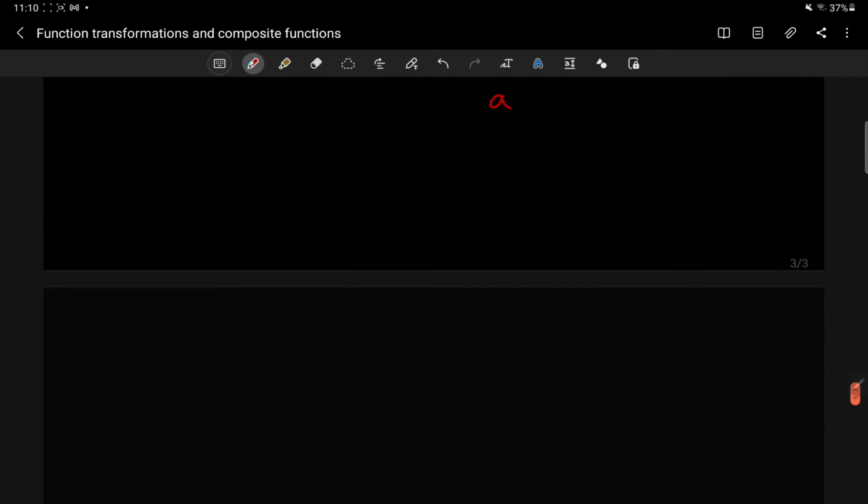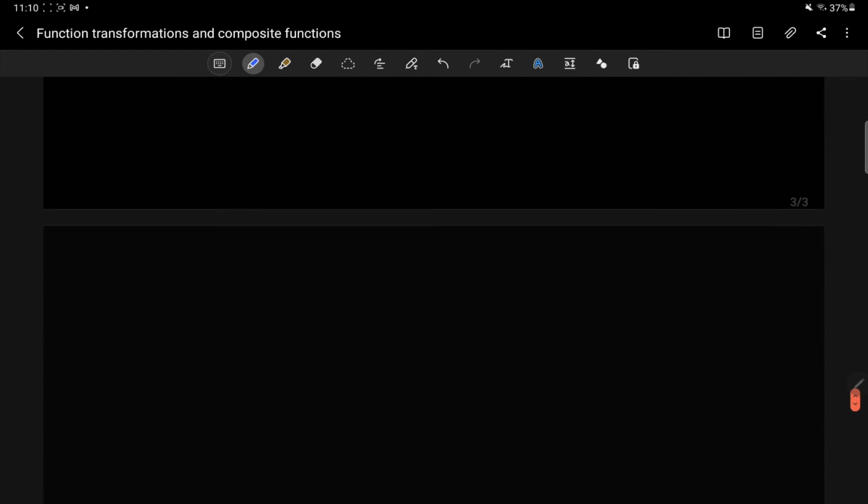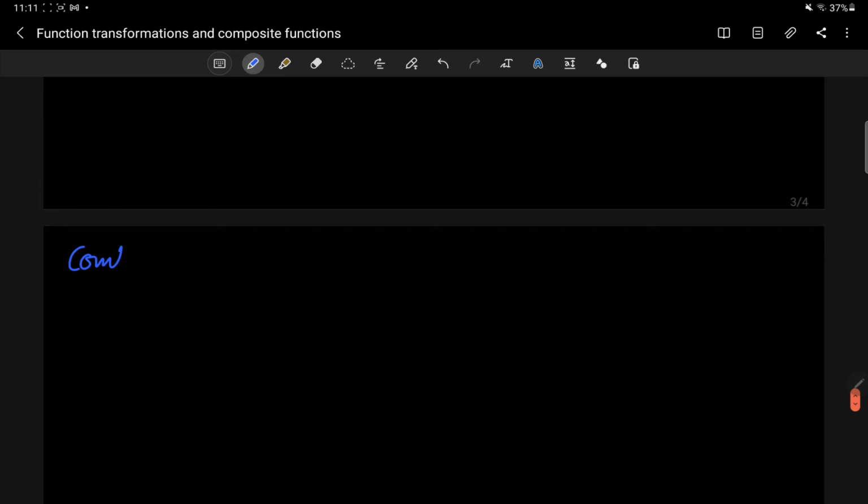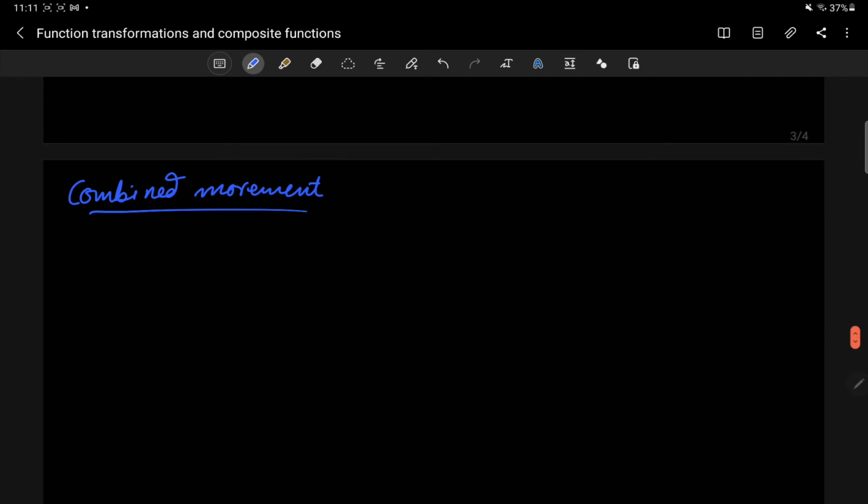Okay, now let's look at an example where we have combined movement. Let's say the problem says plot f of x equals square root of (x minus 3) plus 4.